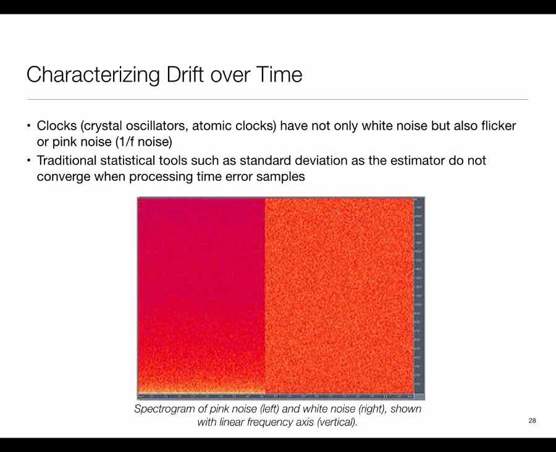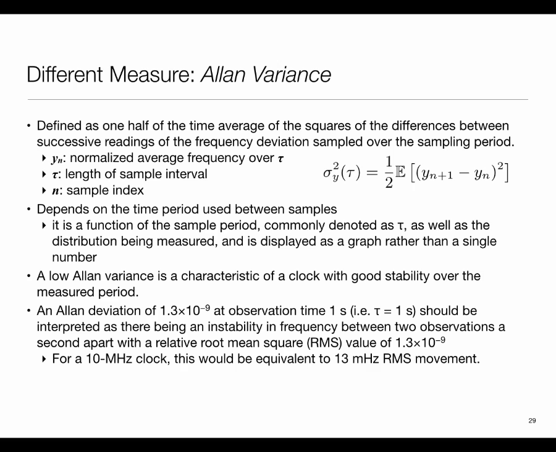Now, when it comes to characterizing how well a clock is doing, as we saw, one thing that matters quite a bit is over what time horizon you're looking at. The drift that takes place in a clock, you could say how much it is over a time window of interest.